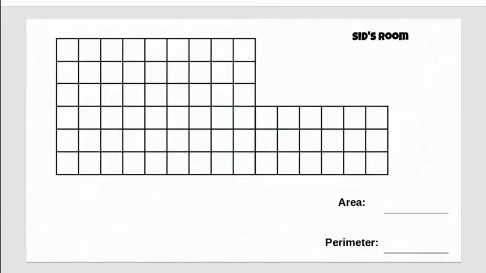So now let's find the area and perimeter of Sid's room, starting with the area, the space that the room takes up. So I found my first rectangular section that I can cut it into, and it is highlighted in purple here, and it has 6 rows with 9 in each row.